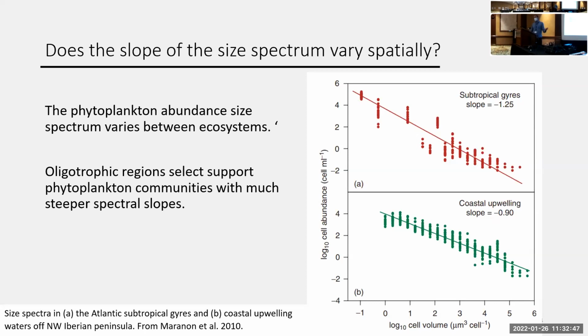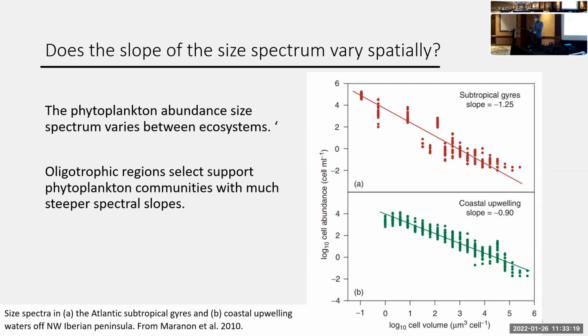Here I show two plots showing the regional variability in phytoplankton abundance size spectrum. The top plot is the phytoplankton size spectrum in the very oligotrophic areas of the subtropical gyres in the Atlantic, and the bottom plot is the phytoplankton size spectrum from an upwelling zone along the Iberian Peninsula. Very generally, when we measure these, we can see that the slope of the phytoplankton size spectrum differs between these two regions.